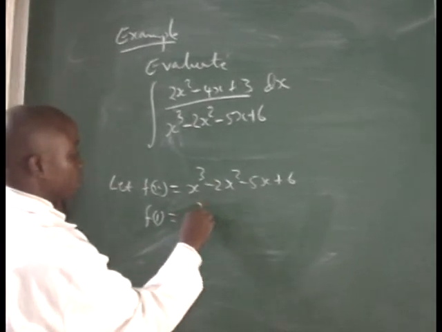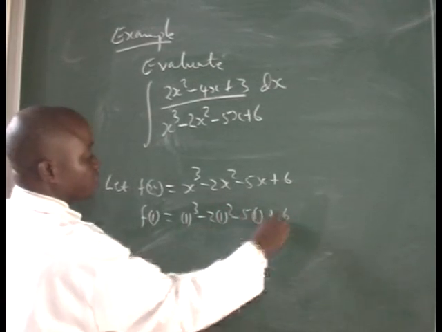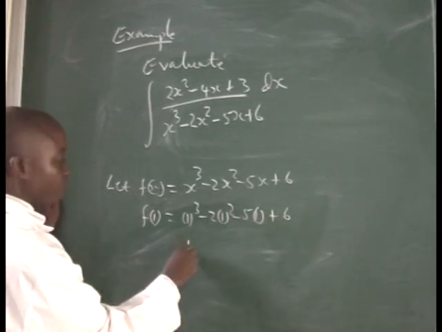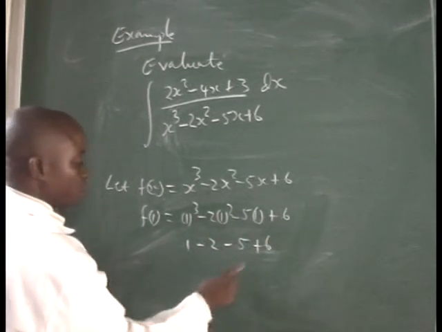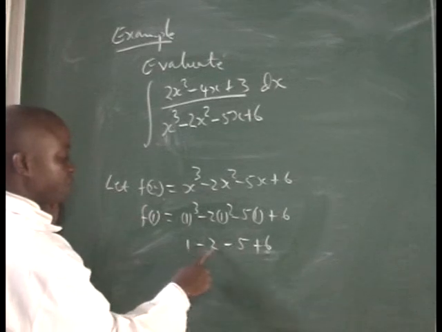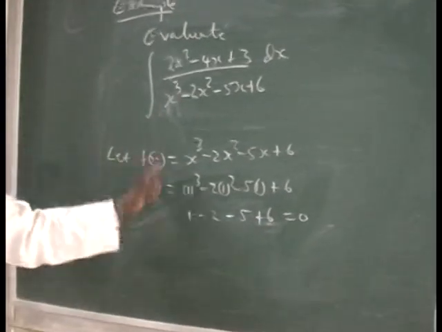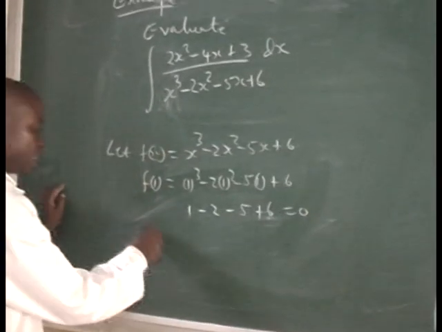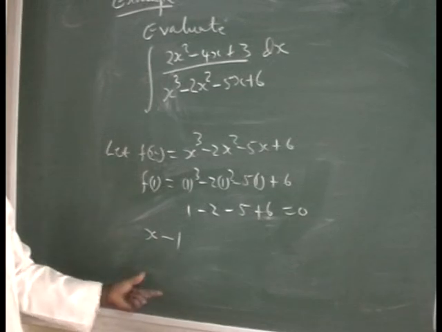Then I will put 1 minus 2 times 1 squared minus 5 times 1 plus 6. So this will give me 1 minus 2 minus 5 plus 6. 1 plus 6 is 7. 7 minus 7 is 0. Alright. So 1 is a zero of the polynomial, meaning that x minus 1 is a factor. So I can use the factor.